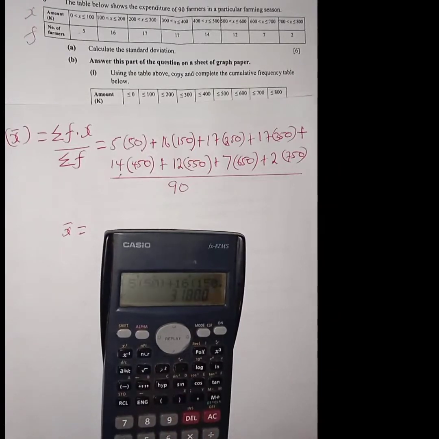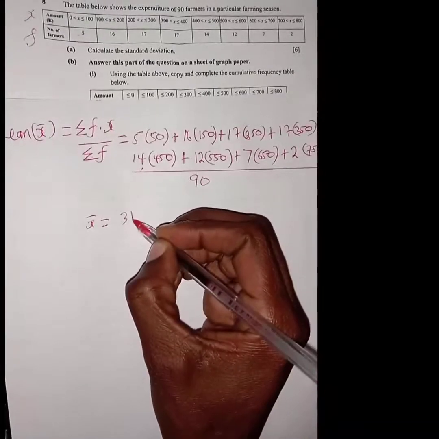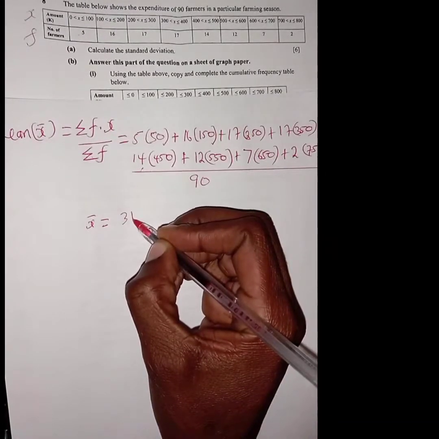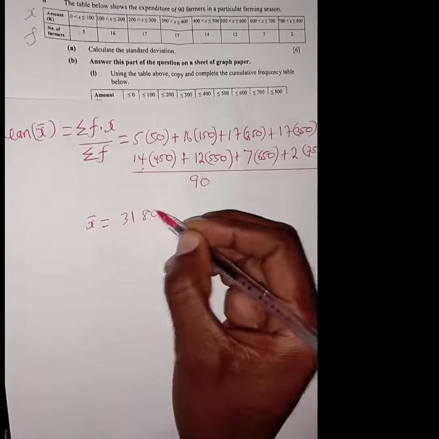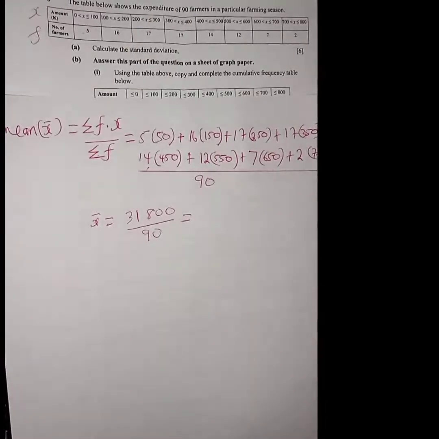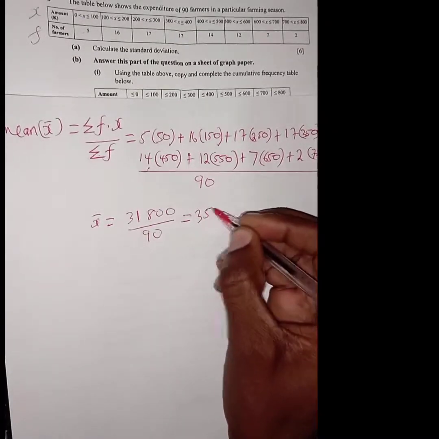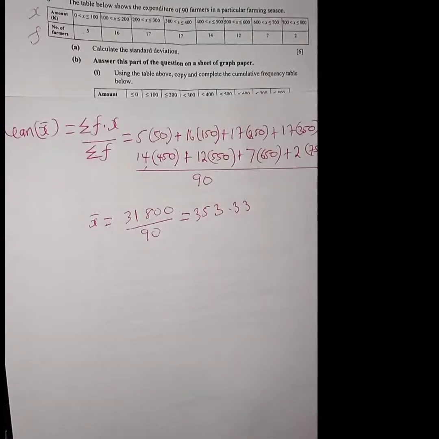Then you divide. When you press the equal sign, you get 31,800 over 90. What are you going to get? So divide by 90, you're going to get 353.333, they keep on recurring.